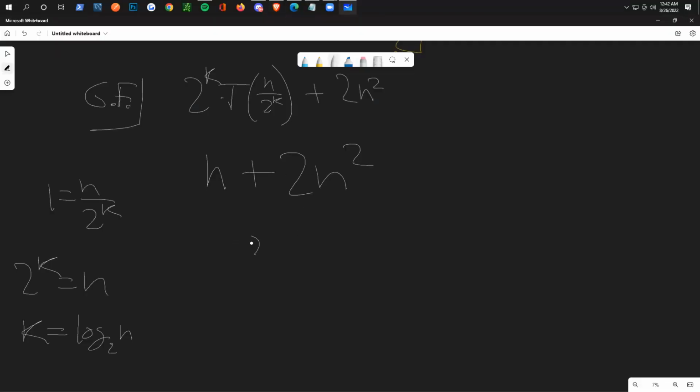So we have 2n squared plus n. This is really just n to the 1. What's bigger? n squared is greater than n to the 1. So our answer is just going to be big O of n squared. So that's that.